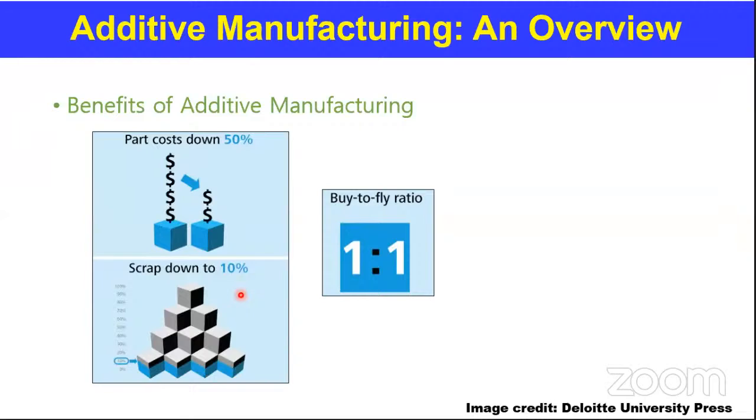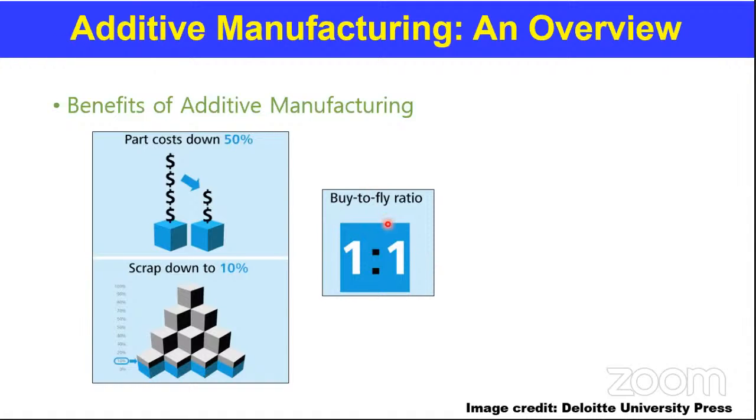And the other aspect is that the buy to fly ratio. It is more to do with what is the raw material you started with. Let's say we started with 100 kg of raw material, and eventually your end use part is weighing 2 kg. Then the buy to fly ratio would be very high in the case of conventional manufacturing setup.